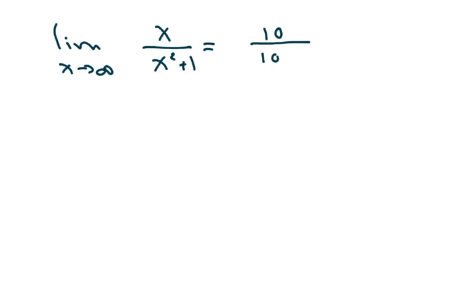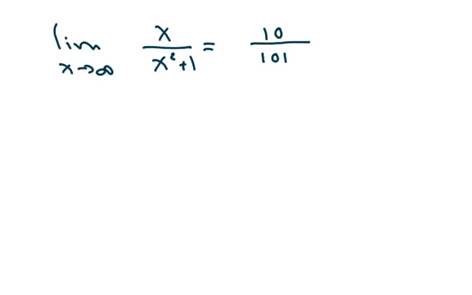Let's take the limit as x approaches infinity of x over x squared plus 1. Now, just looking at that, if you put in, say, 1,000,000, let's just put 10 in here. You square 10, you get 100, plus 1 is 101.